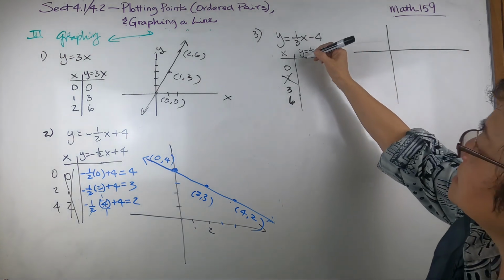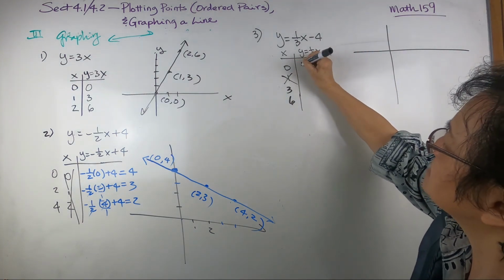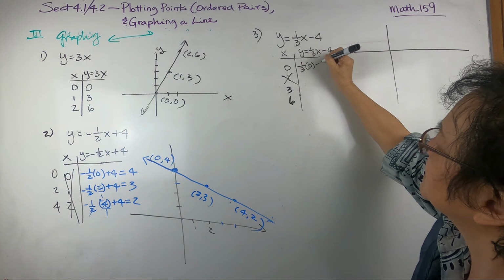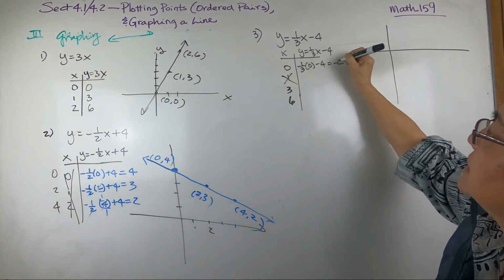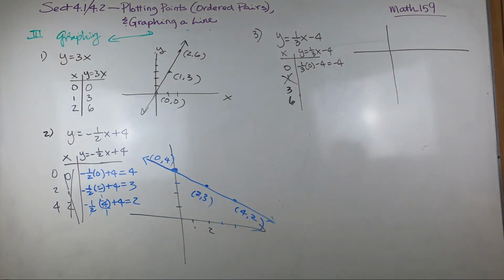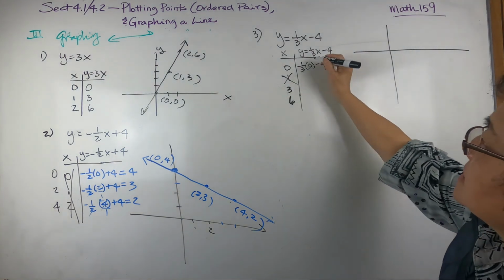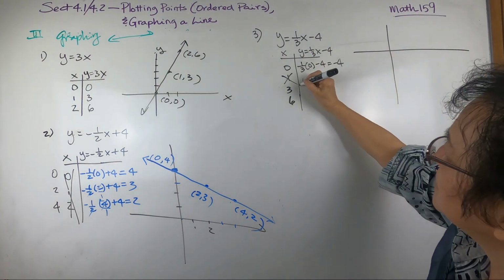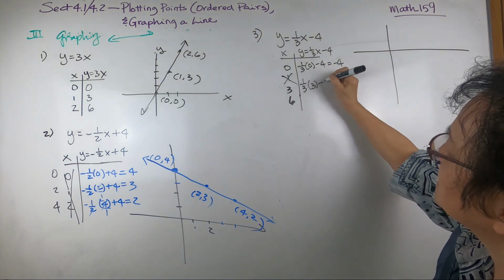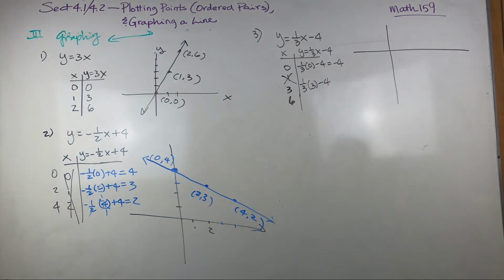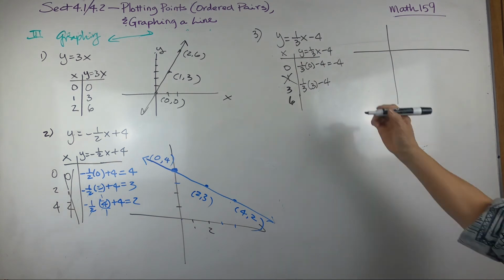Okay, like here, what's your y? X is 0, 1/3 times 0 minus 4. That's 0, negative 4, right? Of course, you need to know how to handle negative numbers. So x is 3, so 1/3 times 3 minus 4. 1/3 times 3 is what? 1 minus 4.